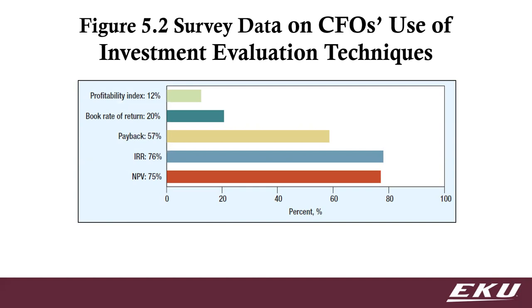And as you can see, that's a pretty often used one. You notice the book rate of return is not nearly as well used, and then profitability is also not very well used. Not to say that they're not useful in some scenarios, just that they are not being used by the CFOs that were in this particular survey.